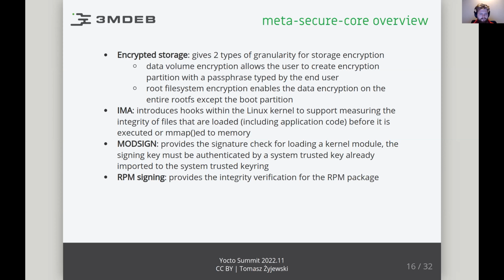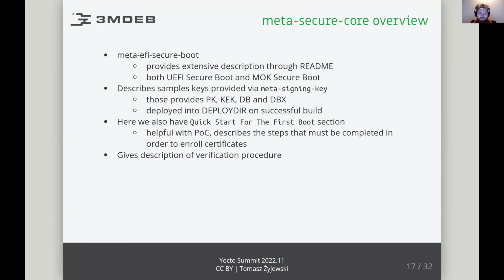There is also the MEI sublayer, which introduces hooks within the Linux kernel to support measuring the integrity of files that are loaded before they are executed. The mod sign sublayer provides the possibility to sign and verify the kernel modules that can be loaded, and the RPM signing sublayer provides integrity verification for RPM packages.